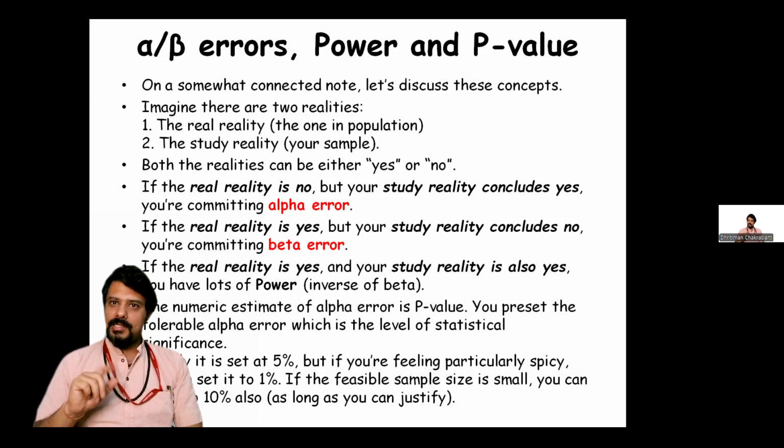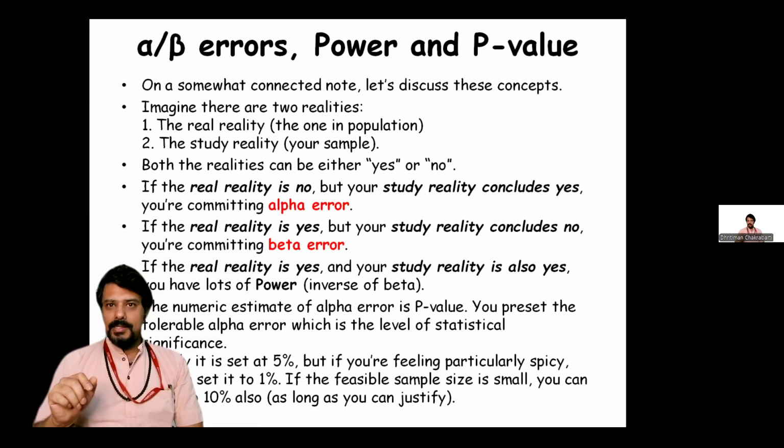And if we refute that null, that is we answer yes, then that is our answer. Now if your actual reality is no, that you will never know. But if your actual reality is no and your study reality is yes, then you are committing an error which is called alpha error.